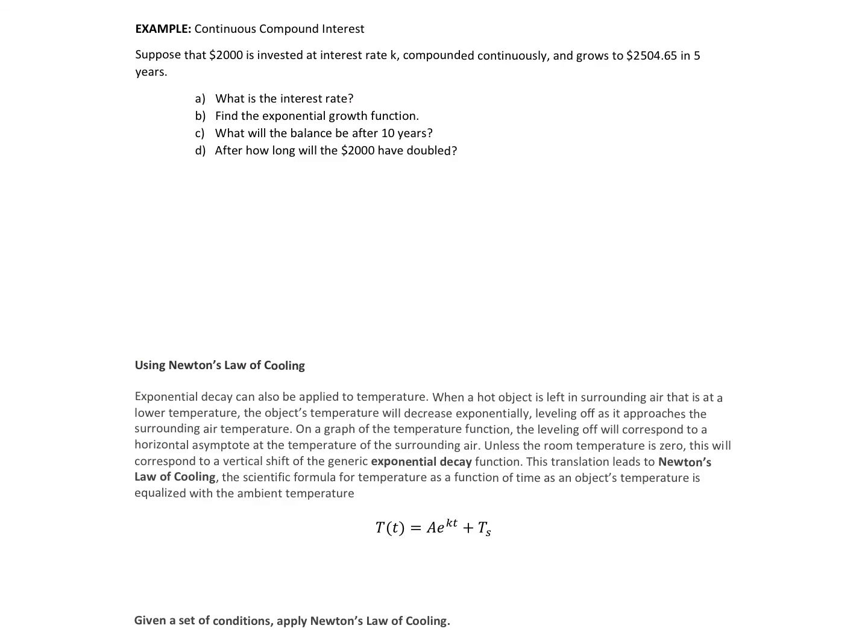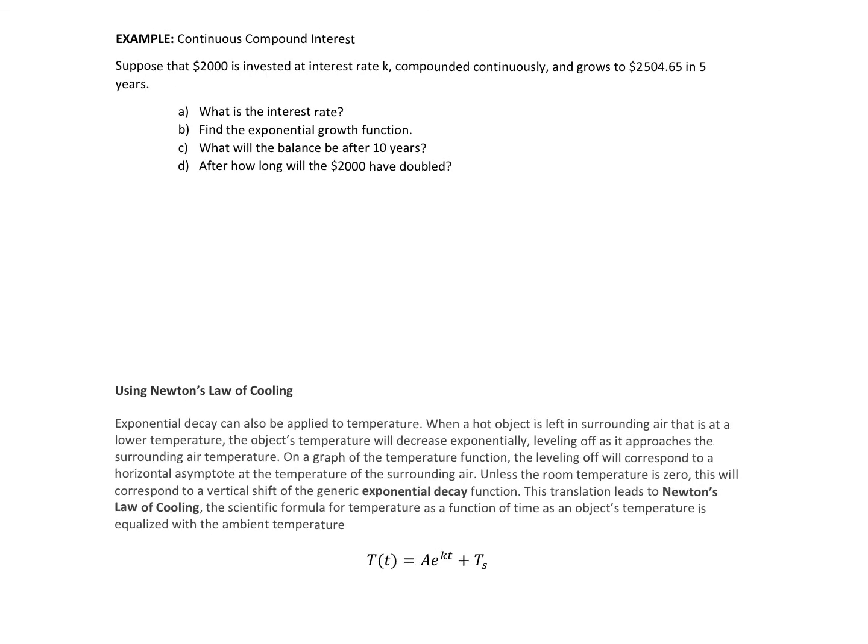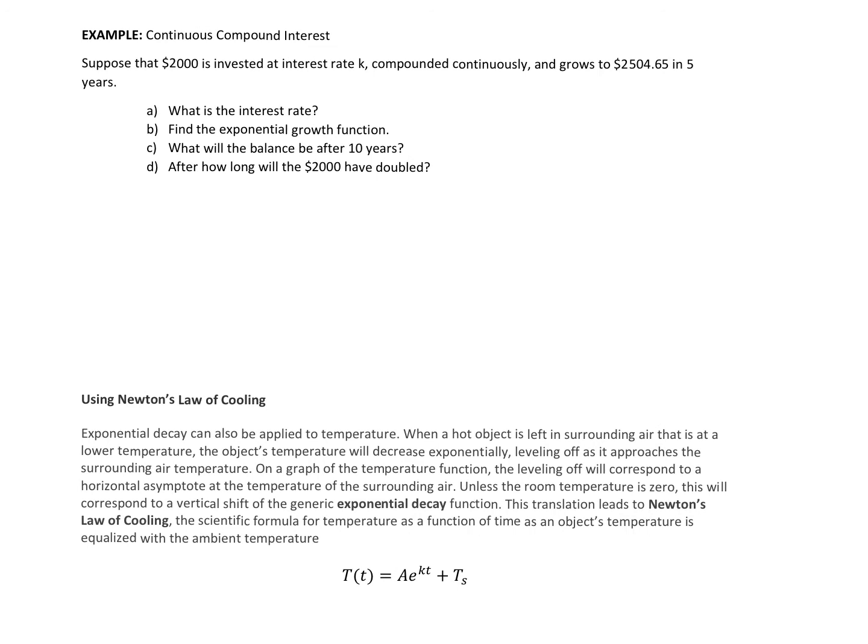For our last example, let's take a look at continuous compounding. So you may have seen this formula before. When we're talking about an exponential growth function, we usually say a sub 0 e to the kt, and we change this just slightly when we're talking about money, and we say y equals p for the principal or the initial amount, e to the rt, because our growth rate k is our percentage rate r.